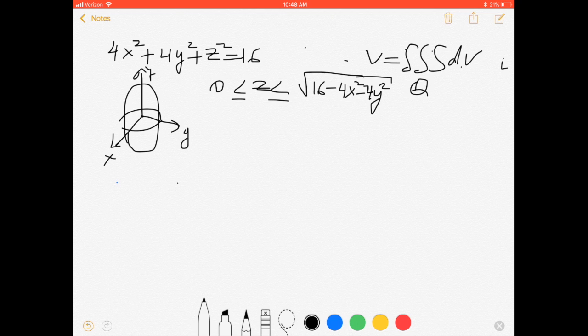If you take the xy plane, this means z equals 0, so you have x squared plus y squared equals 4, and we have a circle of radius 2.